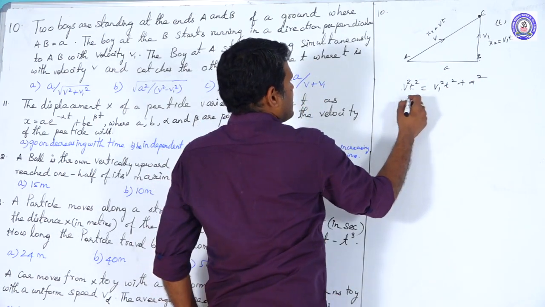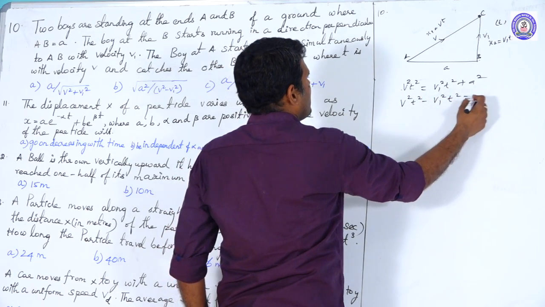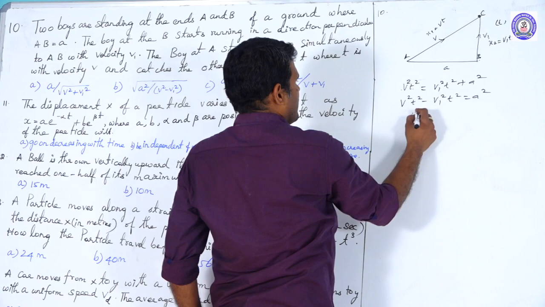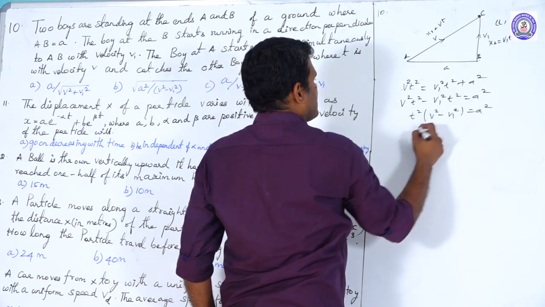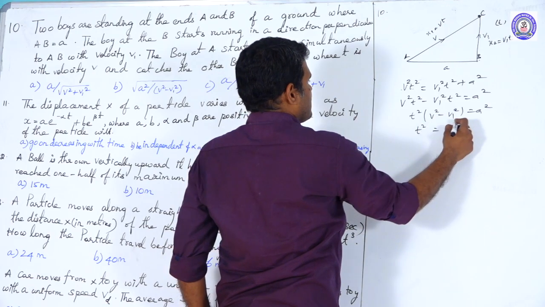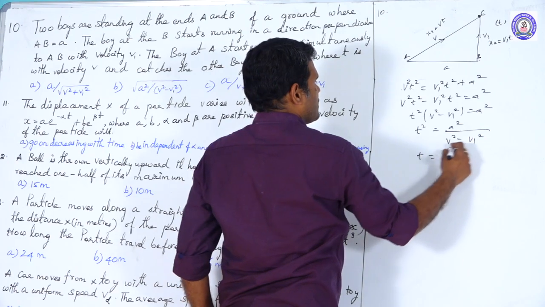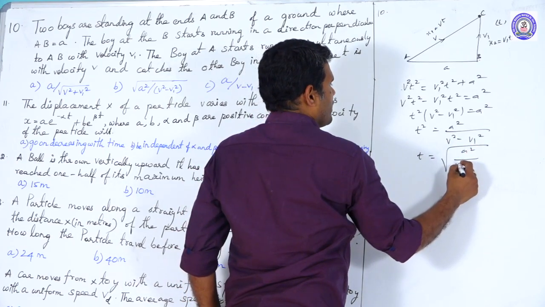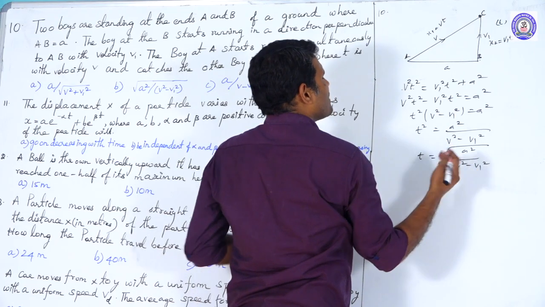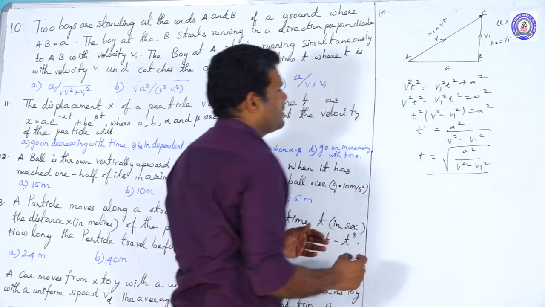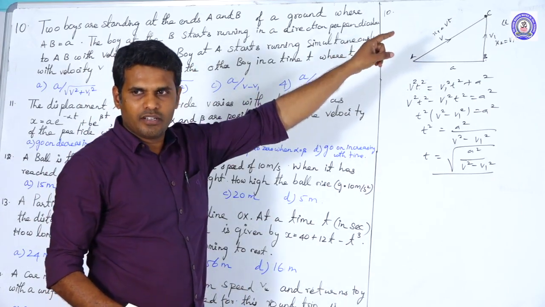If you take the velocity term to this side, v square t square minus v1 square t square is equal to a square. t square is taken out: t square times v square minus v1 square equals a square. t square equals a square divided by v square minus v1 square. t equals square root of a square divided by v square minus v1 square. Expressions will look different, but the question is very simple. This is the time at which the two fellows from A and B will meet at the point C.